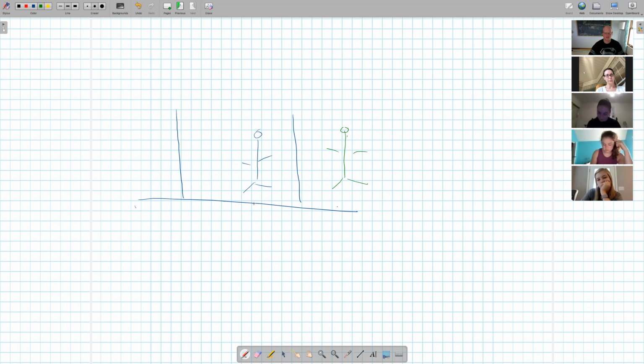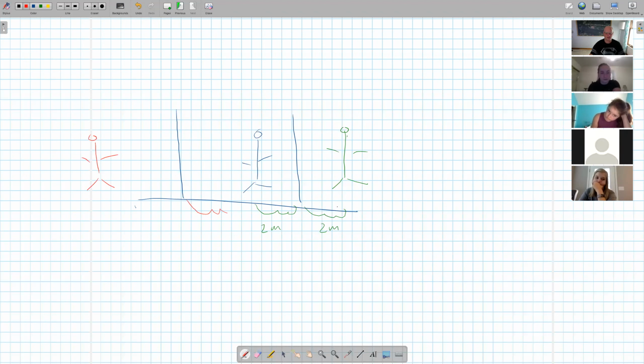Okay? And what you know is if this is the distance 2 meters, then this distance also has to be 2 meters. Now, the second image you're going to create, which is a little bit further away, is going to be this guy created here. Again, if this is the distance of 4 meters, then this also has to be a distance of 4 meters.